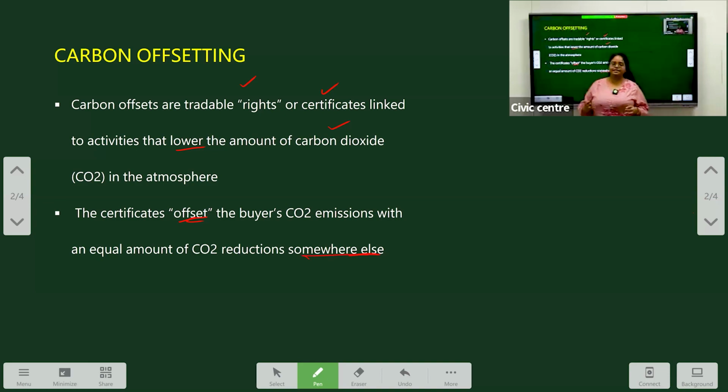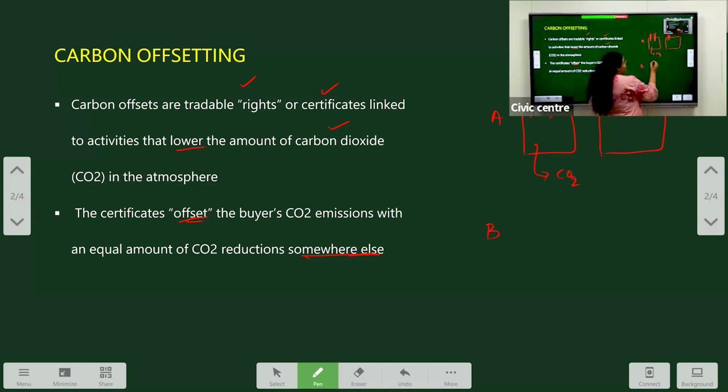So how is it done? Let's take an example. For example, there are two industries, A and B. Now, if A is into farming or growing woodlands or forest or teak plantations in his farm, this is reducing the carbon dioxide emissions.